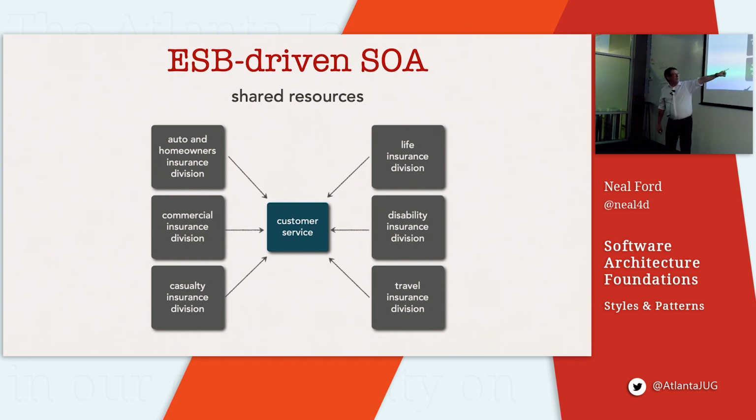Because now, every time you change that customer service, everything has to stop and coordinate around that change. If you've built an entire architecture around everything as shared as possible, that means every time you change anything shared, even if it doesn't actually affect anybody, everybody has to stop and coordinate around that change.